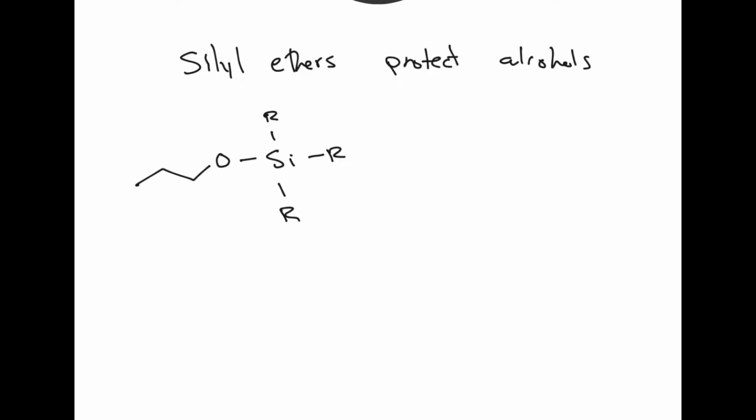So you've traded that proton that can act as an acid for a silicon that is pretty resistant to base. Silyl ethers are not reactive to most acidic and basic conditions.